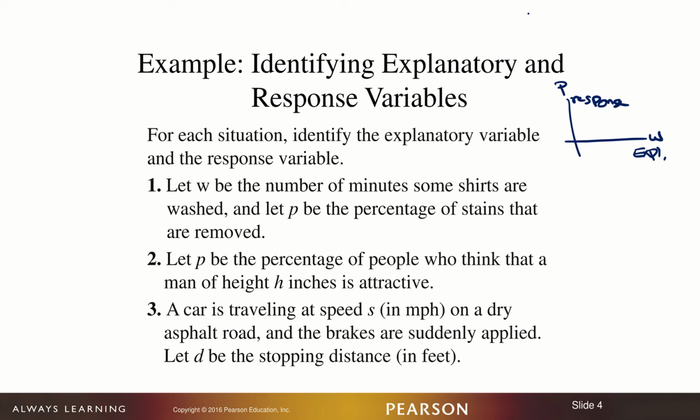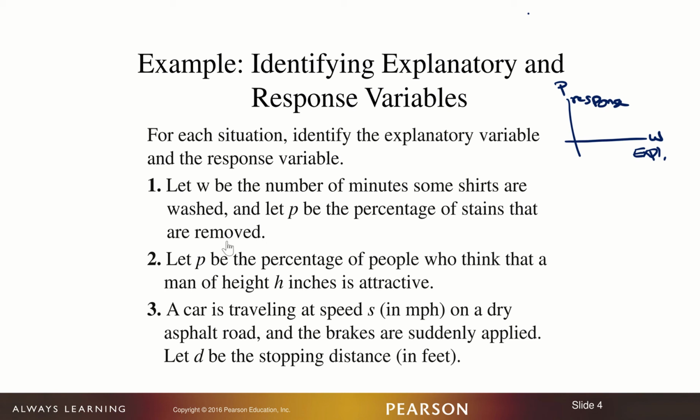Note that it wouldn't make much sense the other way around, like to see how the percentage of stains removed affects the number of minutes that the shirts are washed. So these kinds of associations usually make sense only in one direction, with one variable playing the explanatory role and one variable playing the response role.